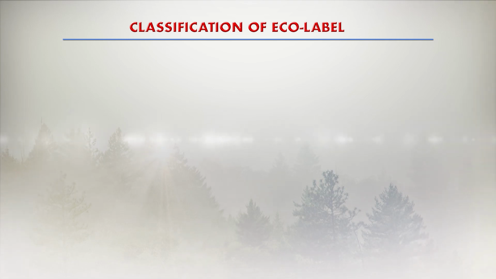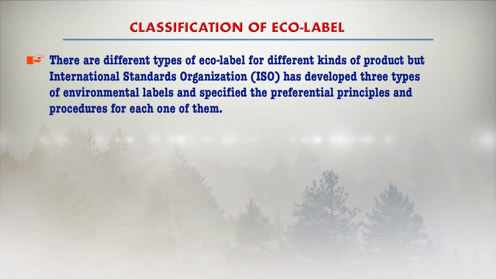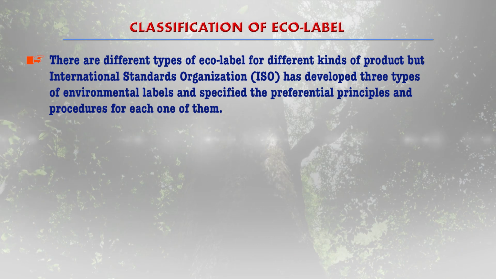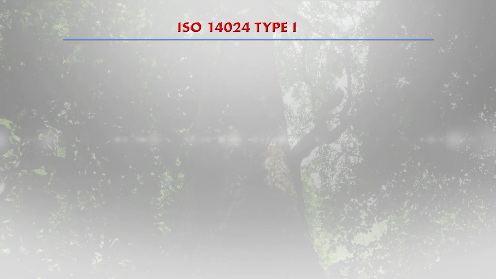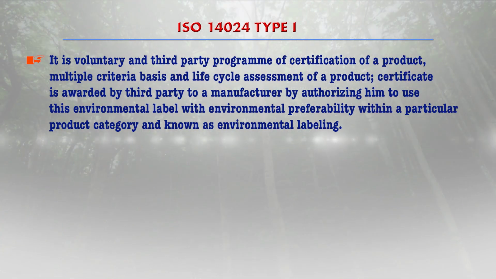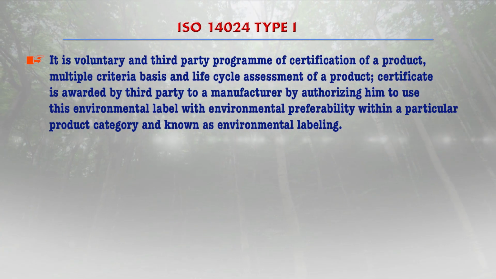Classification of certain eco labels. There are different types of eco labels for different kinds of products, but the International Standards Organization has developed 3 types of environmental labels and has specified the preferential principles and procedures for each one of them. The type 1, which is ISO 14024, is voluntary and is a third party program of certification of a product.